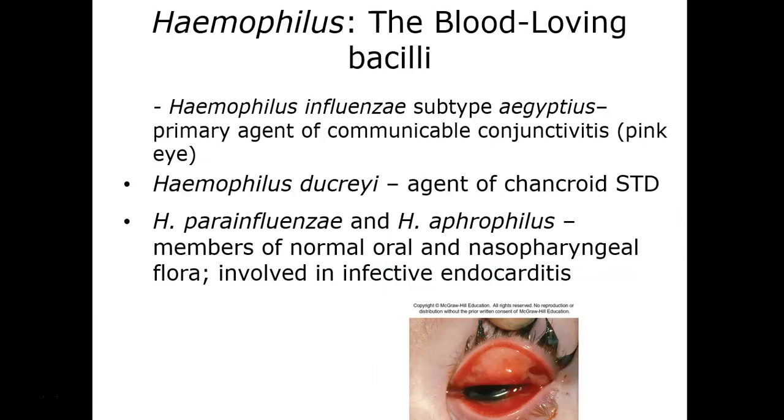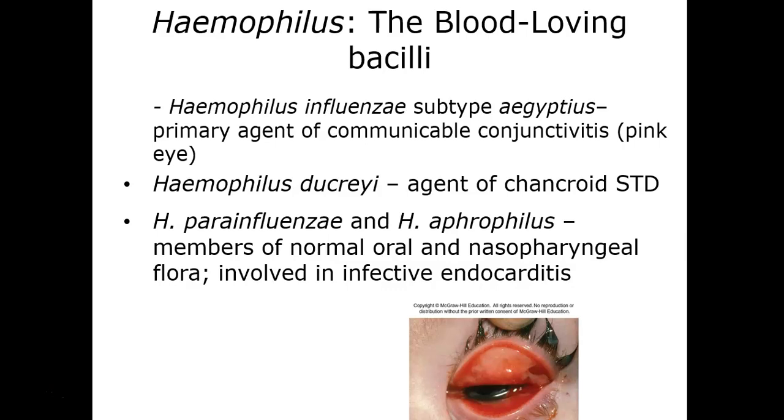The Haemophilus influenzae aegyptius subtype is commonly responsible for the disease pink eye or conjunctivitis, which is an inflammation of the conjunctiva. We have talked about Haemophilus ducreyi, which is a sexually transmitted infection known as chancroid. And this is significant because it produces this bubo-like swelling at the lymph nodes, similar to what we saw with plague.